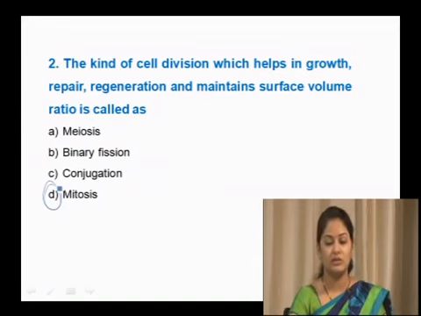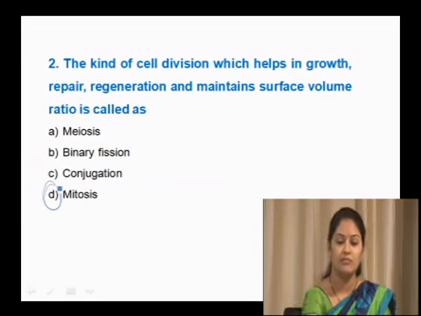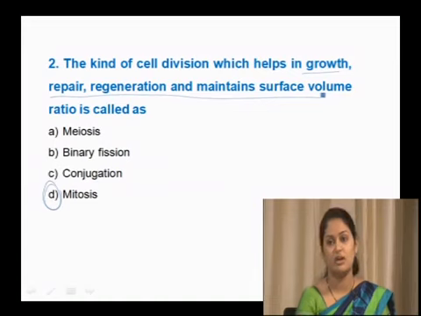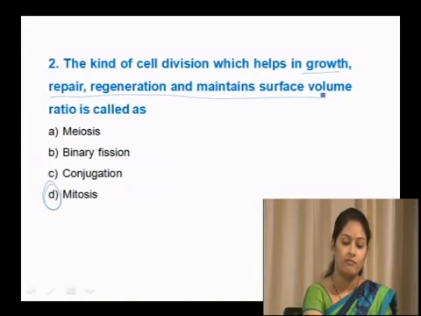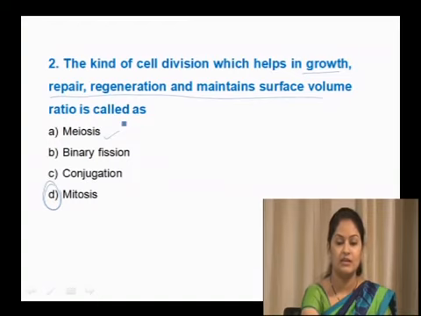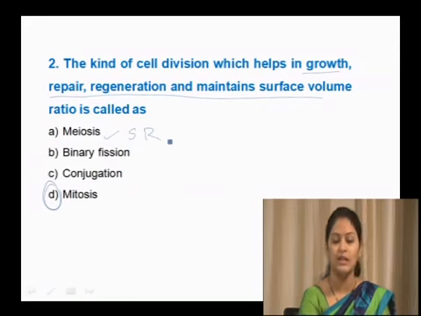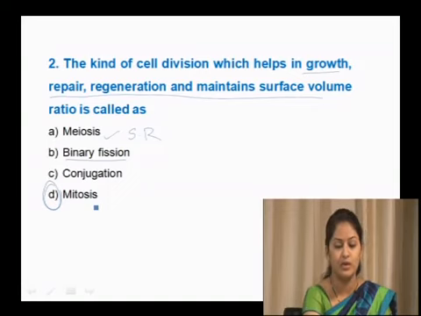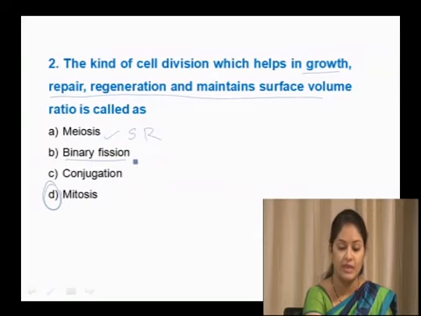So you can also consider that the above mentioned properties are all the functions or importance of mitosis. Now, meiosis is not associated with the repair and regeneration. Instead, it is associated with the sexual reproduction. Next, binary fission is similar to mitosis, but it is not a universal phenomenon, and it is found only in a few kinds of cells, and it is mainly associated with asexual reproduction.